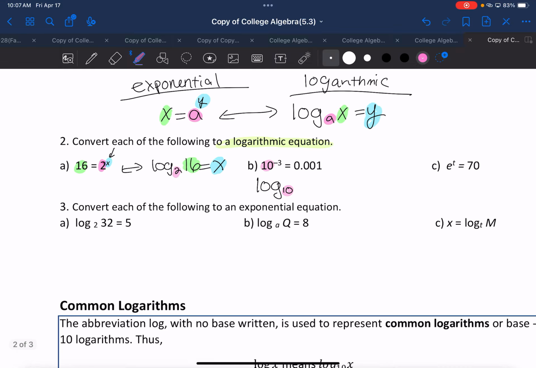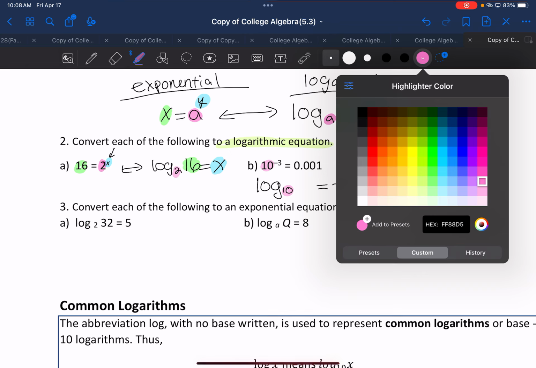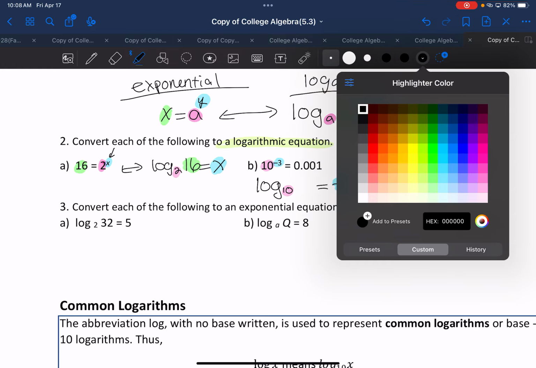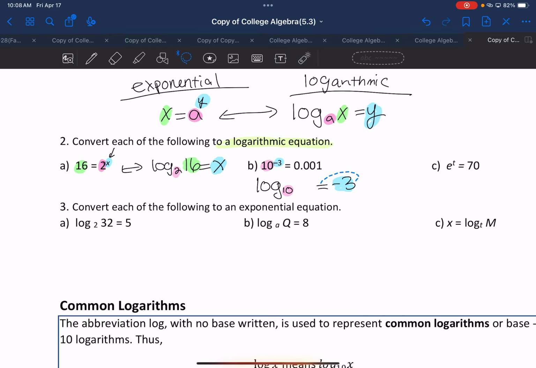And then I know that the log is always equal to the exponent, which is -3. And whatever the exponential is equal to, that's what goes inside of your log.